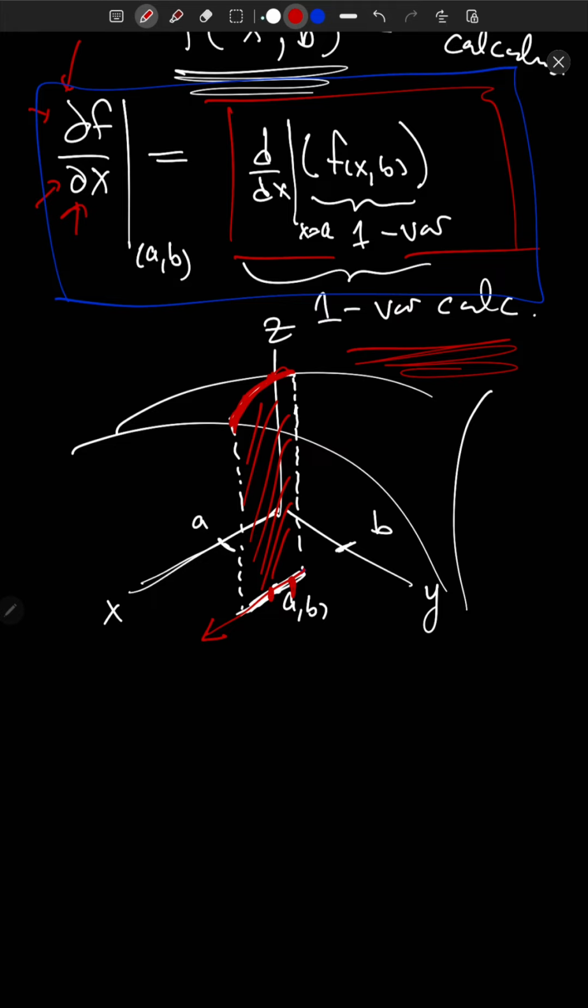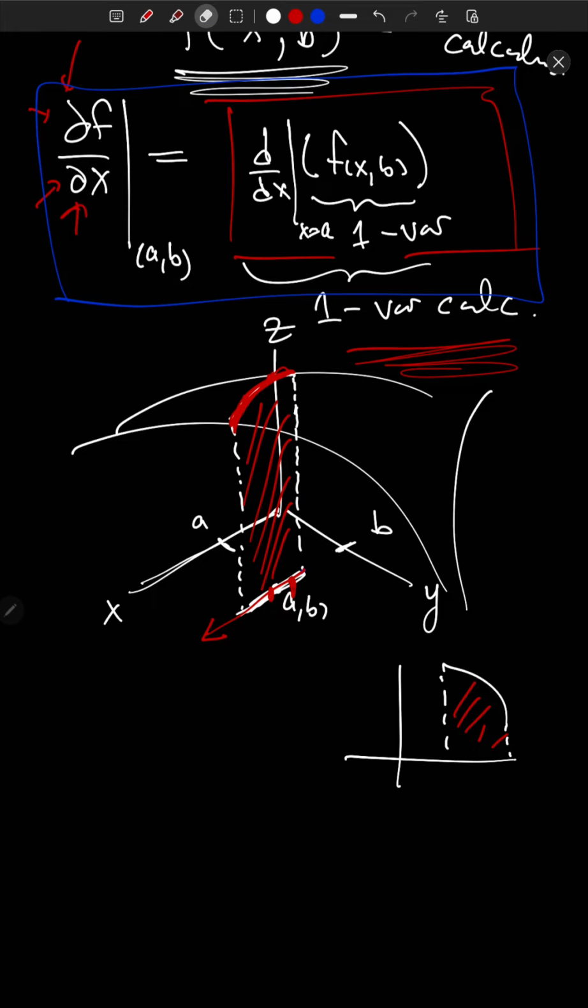Which is exactly what you have when you have a one variable function. So literally one variable calculus.